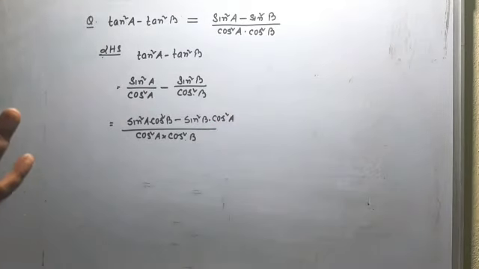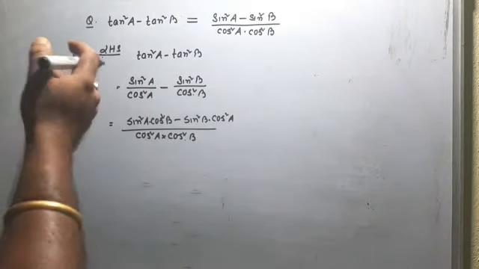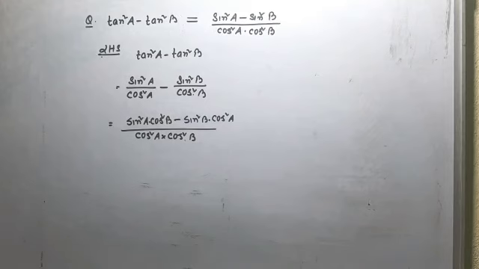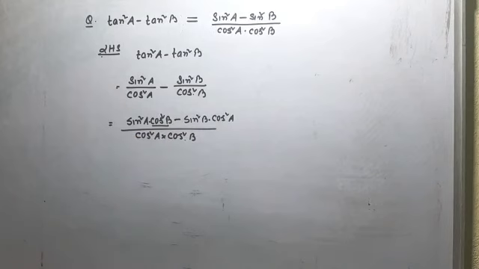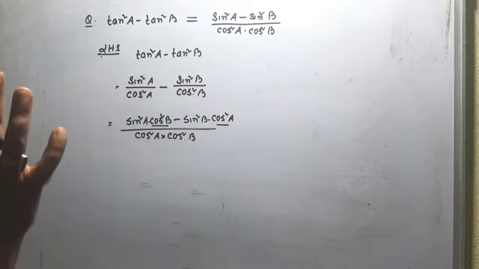Only simplification. First you take tan square a minus tan square b, then you change tan square a to sin square a by cos square a, and tan square b to sin square b by cos square b. Then you take LCM. So you have sin square a cos square b, and again sin square b cos square a. Now you just change this cos square b, and here cos square a also.